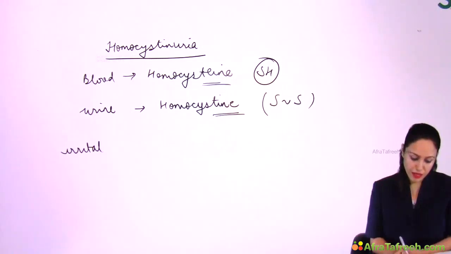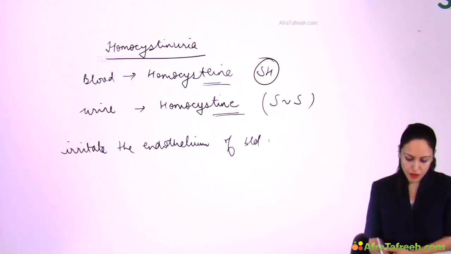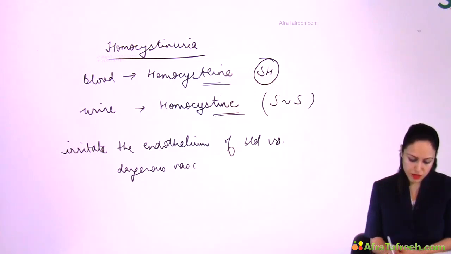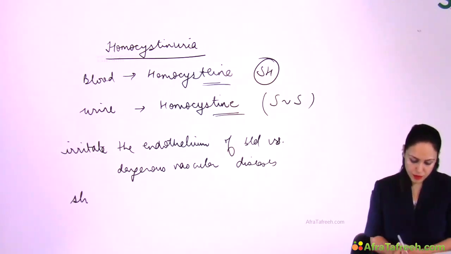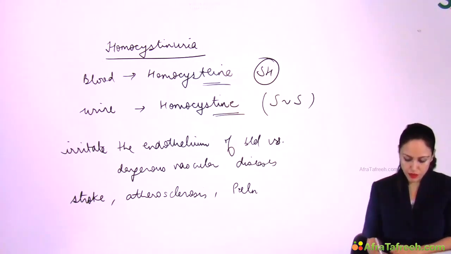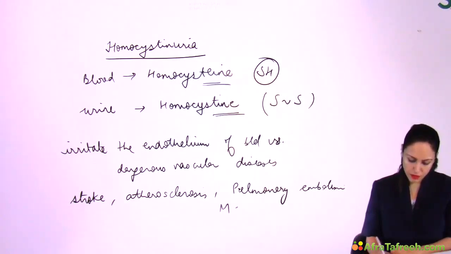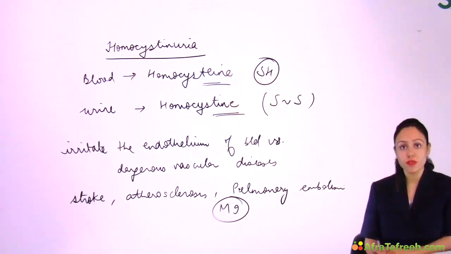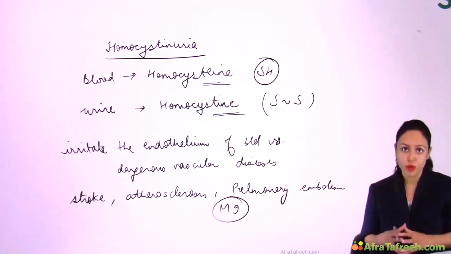Because it will mainly irritate the endothelium of blood vessels, leading to dangerous vascular diseases like stroke, atherosclerosis, pulmonary embolism, myocardial infarction. These kind of clinical features are coming in homocystinuria.